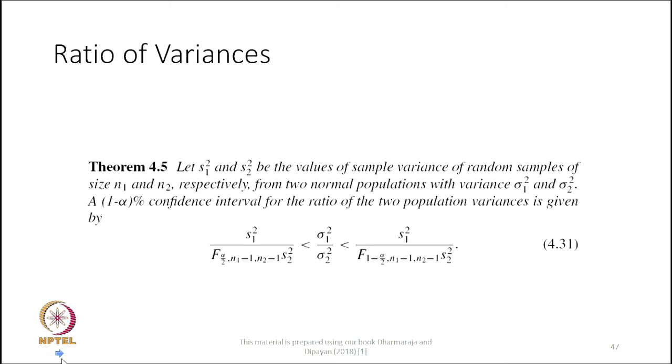For that, you first have to create the statistic, the way you started with the creation of statistics for the standard normal, then the t distribution, recently the chi-square distribution.